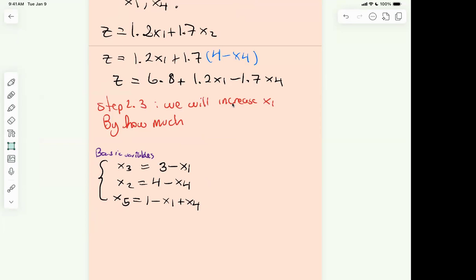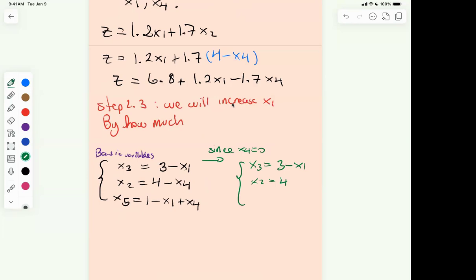To make it easier to see what we can do, let me put it here. Since x4 is 0, what do we get? We get x3 equals 3 minus x1, x2 equals 4, and x5 equals 1 minus x1.